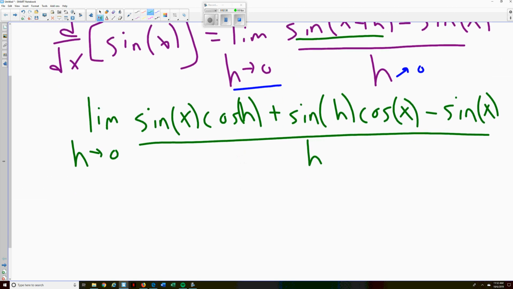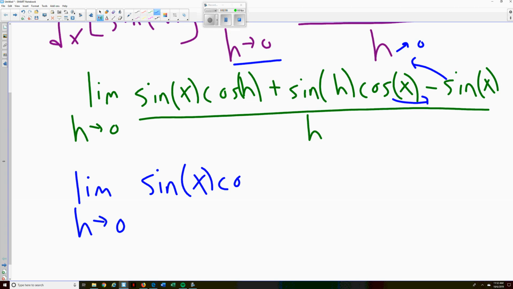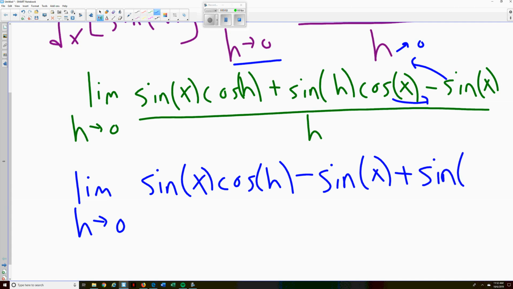All right. So now I want you to know, I'm going to rearrange this. So I'm going to just switch these two places. Okay, so the limit as h approaches 0 of sine x cosine h minus sine x plus sine h all over h.